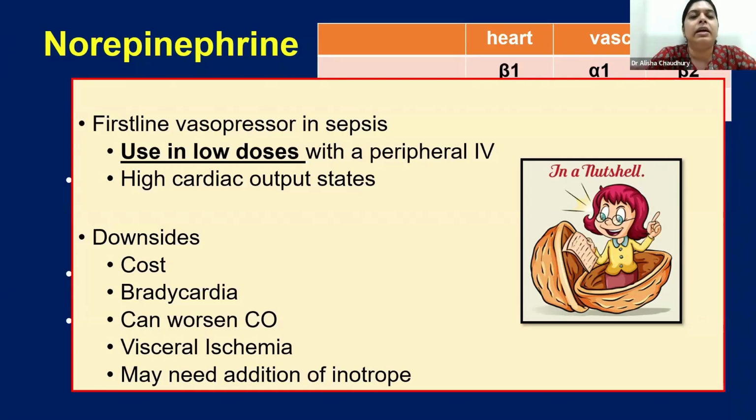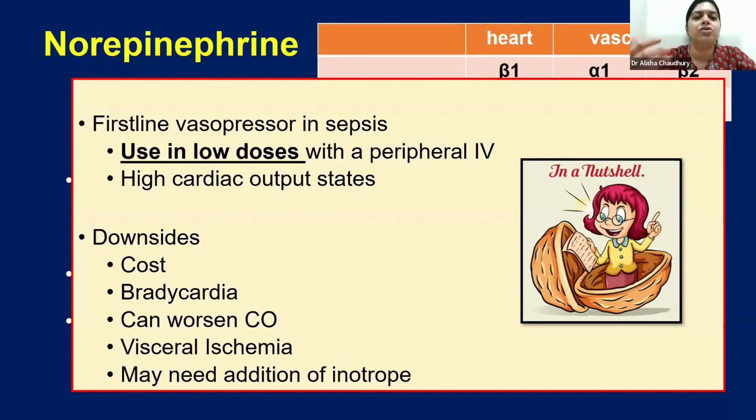That is because initially when your BP was low, your heart was working overtime, pumping because it needs to meet the demands of the body. Blood pressure is low, so it is pumping overtime, making sure all your end organs are getting blood supply. When you gave NORAD, because of the alpha 1 action, vasoconstriction will happen and blood pressure will suddenly go up.